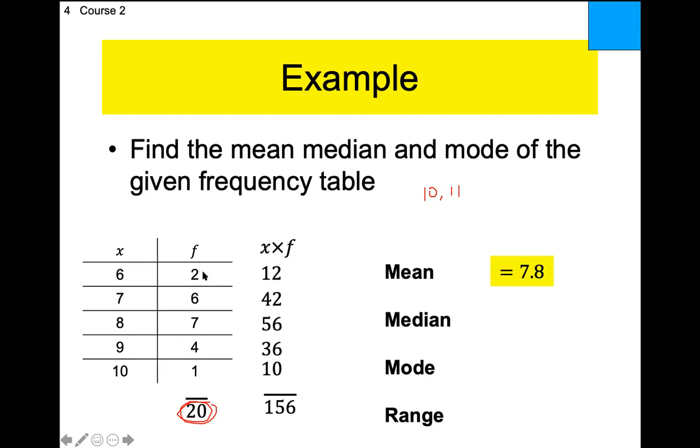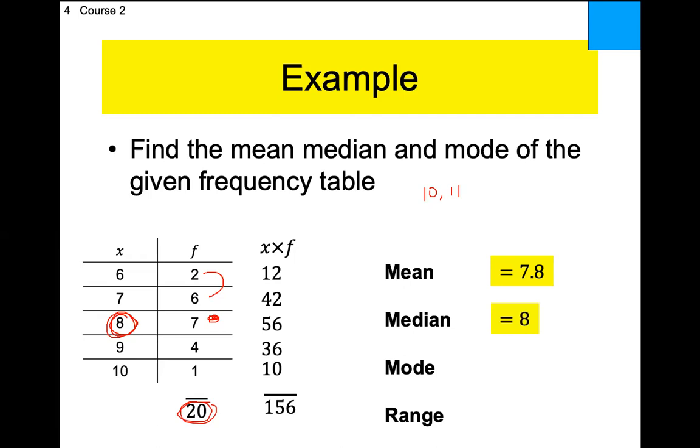Well, I simply count this up until I get to 10. 2 plus 6 is 8. To get to 10 it would be this one. In fact, it gets me to 15, by the way. So the 10th and the 11th number are both 8. 8 plus 8 is 16. 16 divided by 2 is still 8.